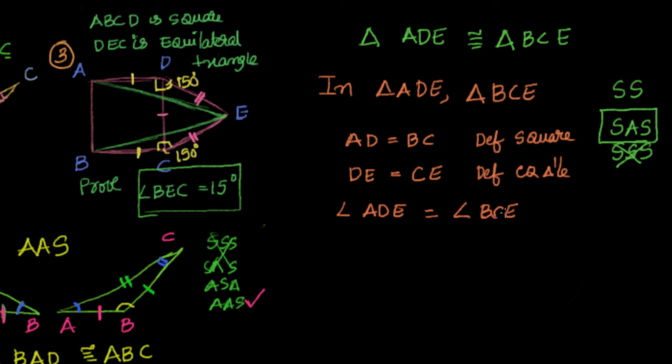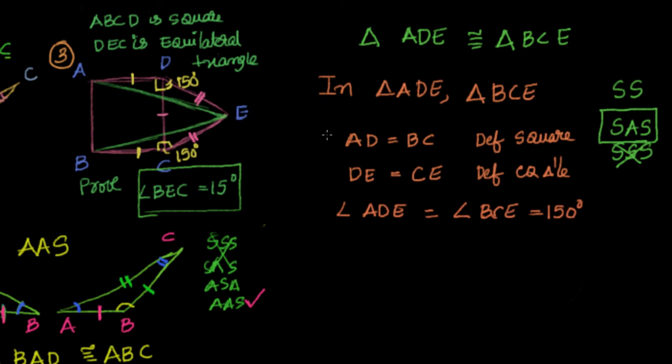Now how did you get this? This is basically from the definition of square and equilateral triangle. I know this angle is 60 and a square makes 90 degrees with the adjacent sides, so this is equal to 150. Now we have everything needed.